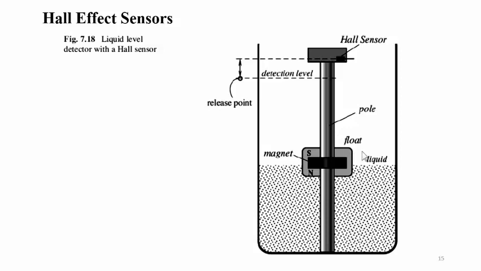One best example of this Hall effect sensor is shown in this figure: a liquid level detector with the help of a Hall effect sensor. Suppose in this tank liquid is there, and one shaft or rod is located in the middle with a float; you know very well, usually in level detection you will find a float.